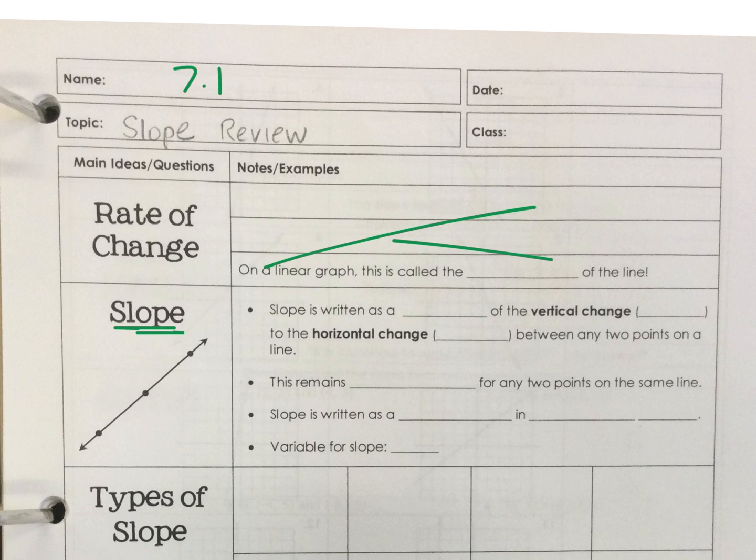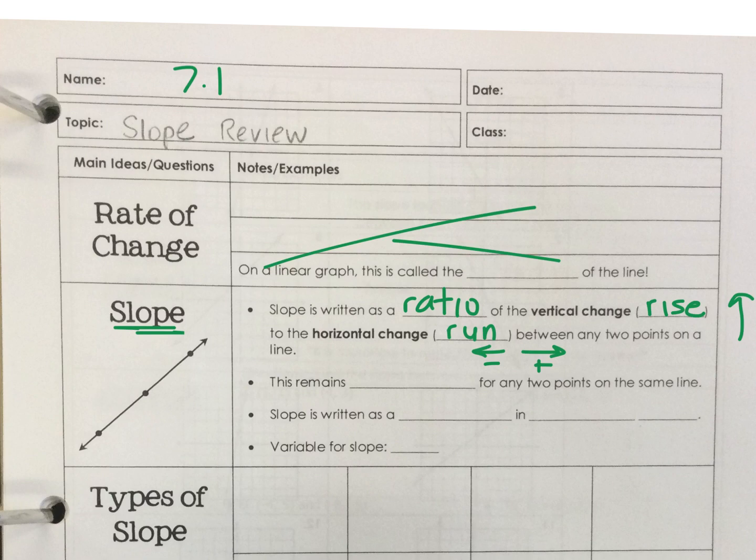Slope is written as a ratio, and it's the vertical change, which is our rise, so we go up, and then the horizontal change, which is our run, which is left or right. If we run left, it'll be negative. If we run right, it's positive.